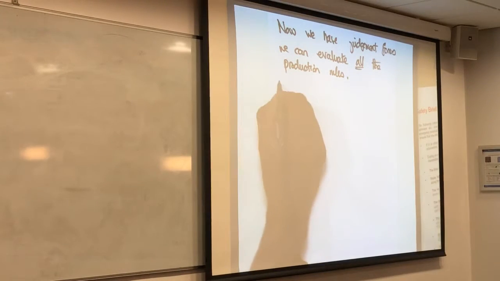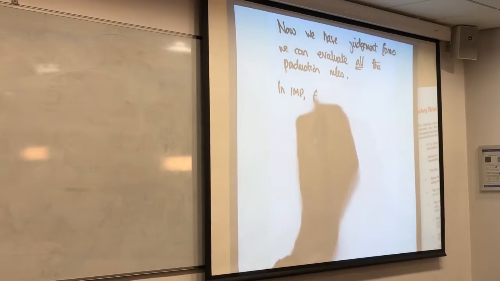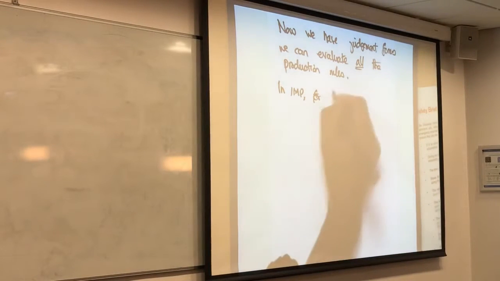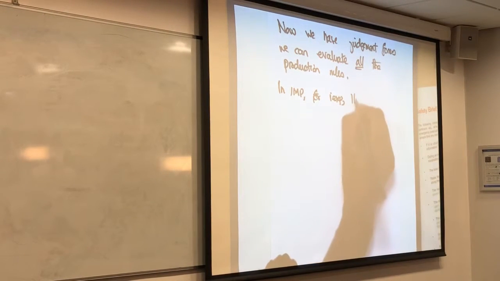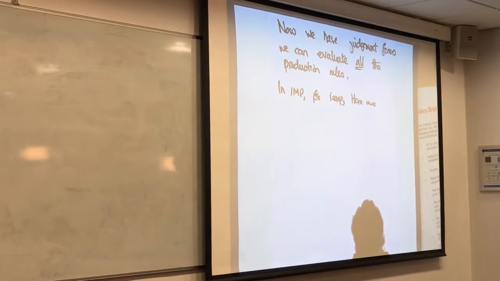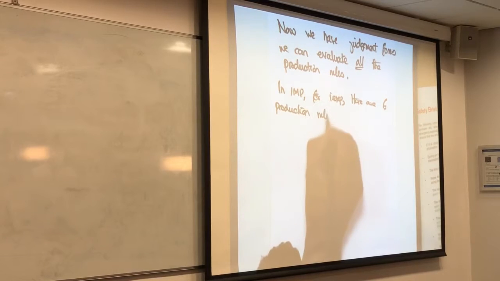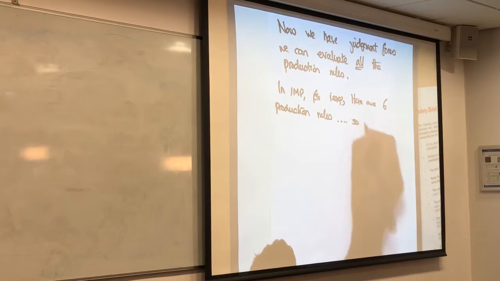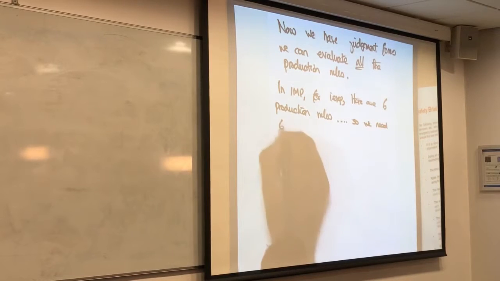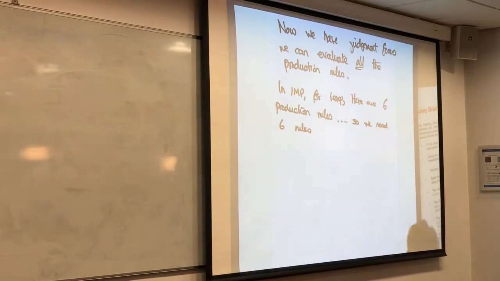So in IMP, for integer expressions, there are values, variables, plus, minus, new, and do. 6. So we need 6 rules, 1 for each of them. Just like the previous language had plus, minus, and numbers, so we had 3 rules. Integer expressions have 6 production rules, so we'll get 6 evaluation rules.